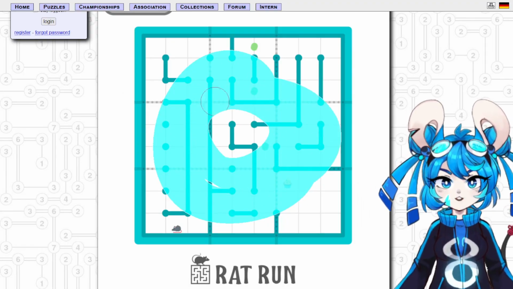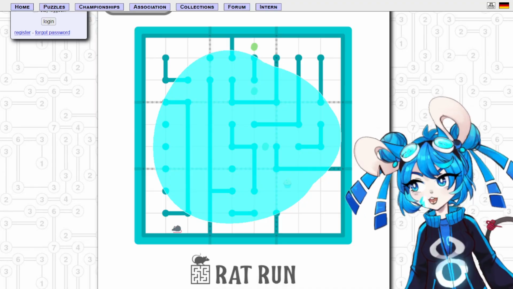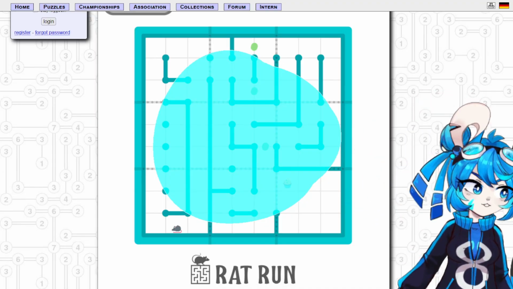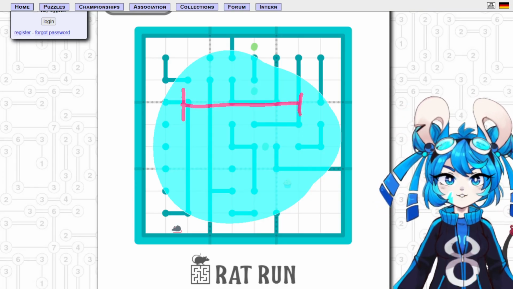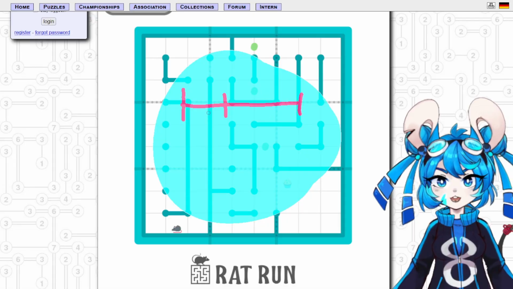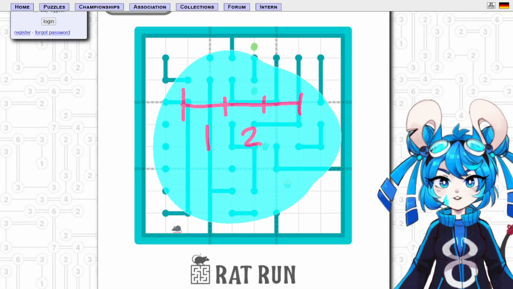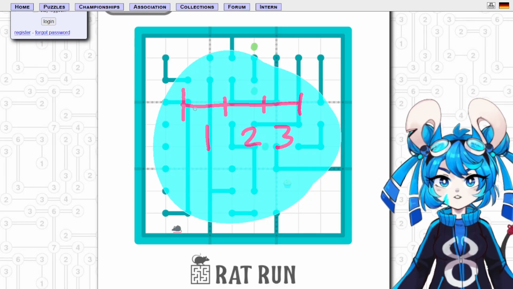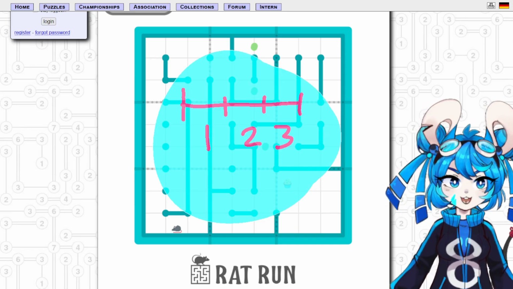Index lines might sound rather unintuitive, but they're actually more straightforward than it might seem. There are a few rules that always hold for index lines. One is that the digits on the line are only the digits up to the line's length. So the digits 1, 2, and 3 would be on a line of length 3, and so forth.